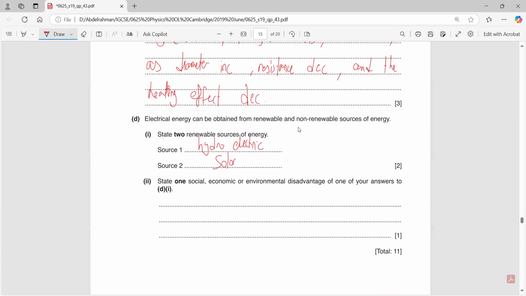For example, the hydroelectric: one environmental disadvantage is that it causes flooding behind the dam, and for example, destroys the animal habitat.